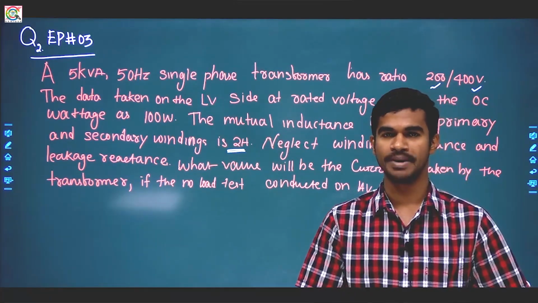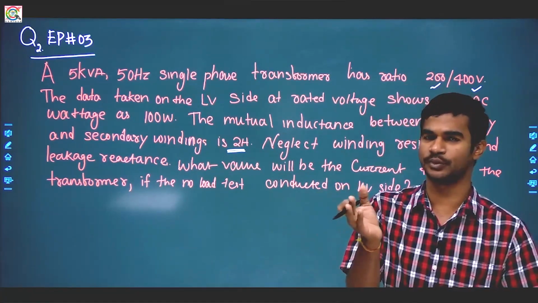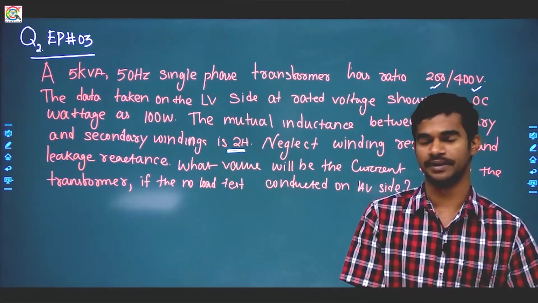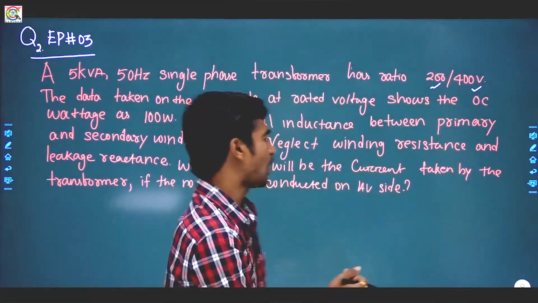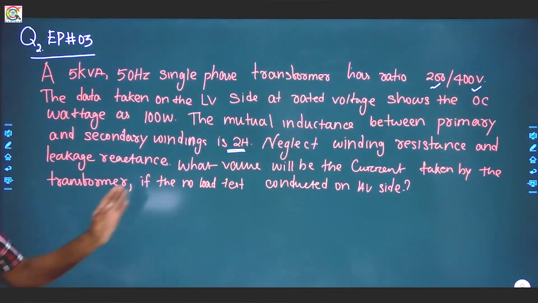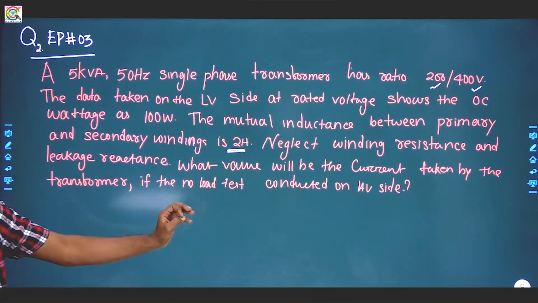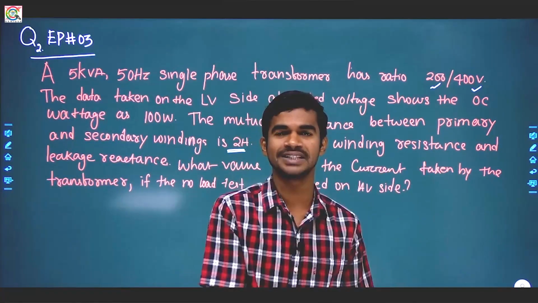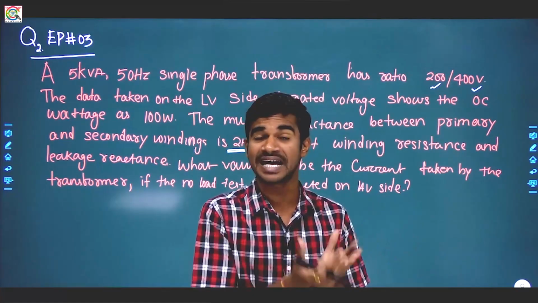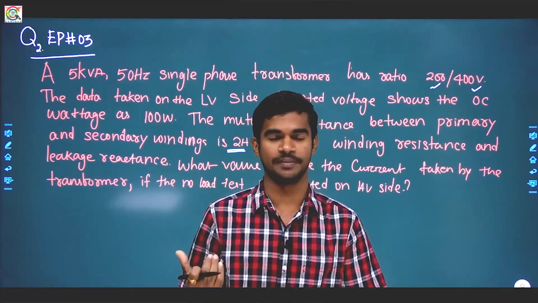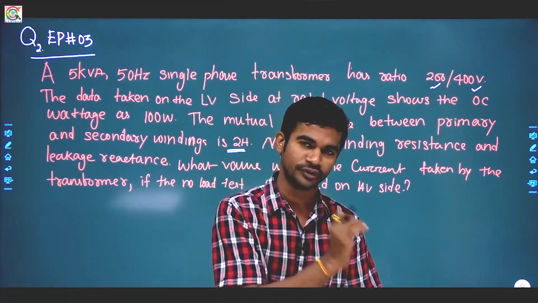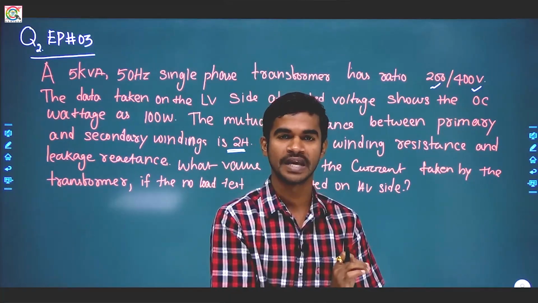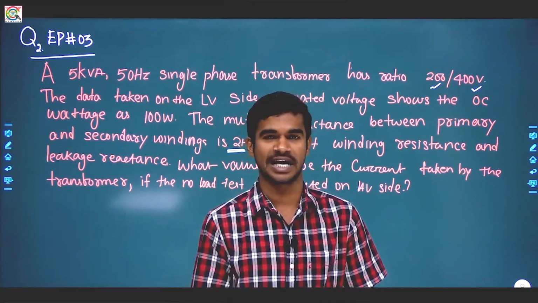Basically we conduct the open circuit test on the LV side. But in this question they ask for the ammeter reading, what will be the current taken by the transformer when the test is conducted on the HV side. Rather it should be conducted on the LV side, but it is conducted on the HV side.